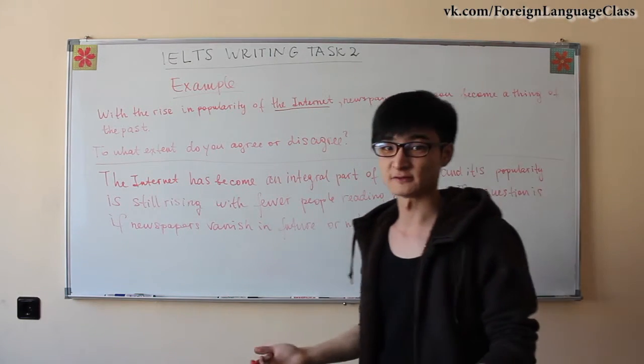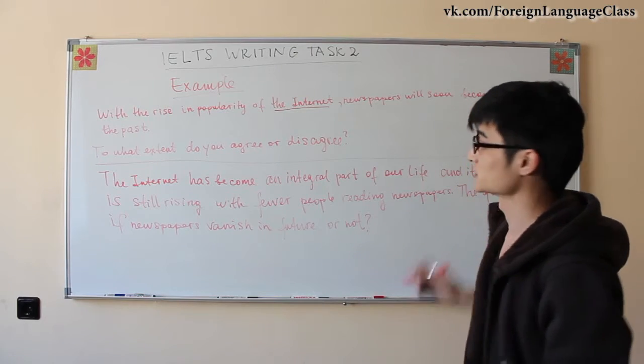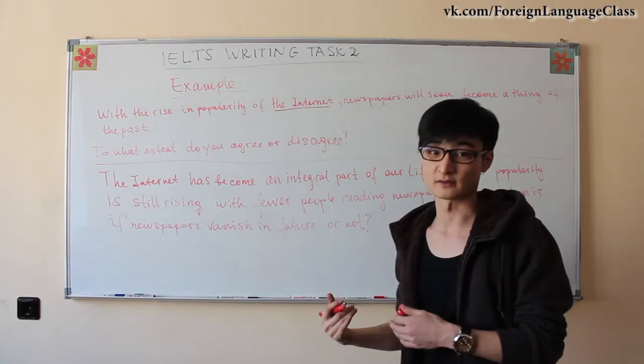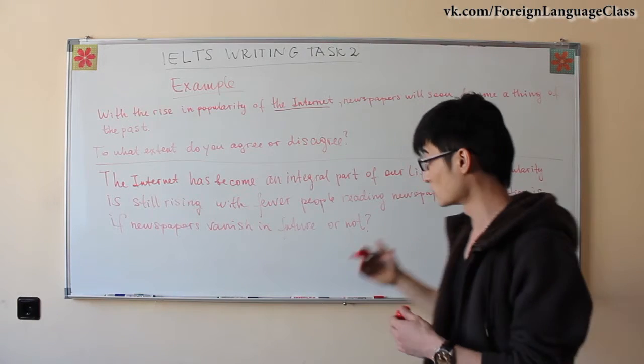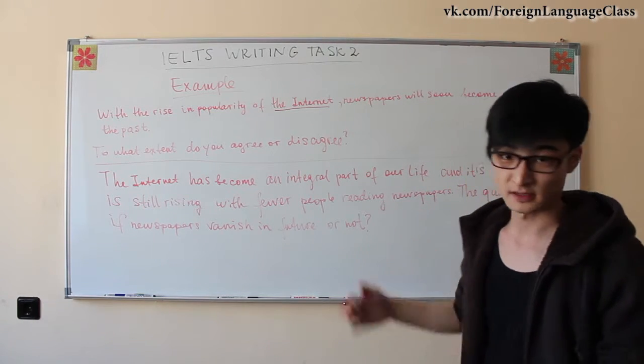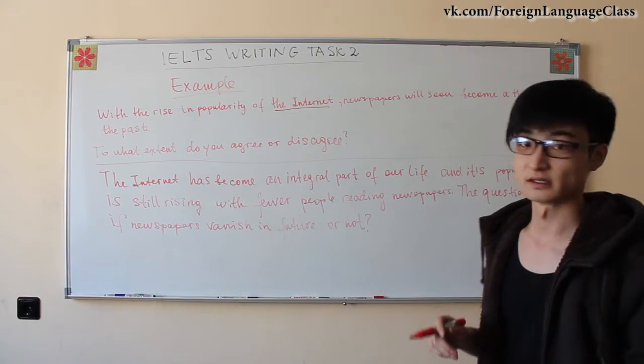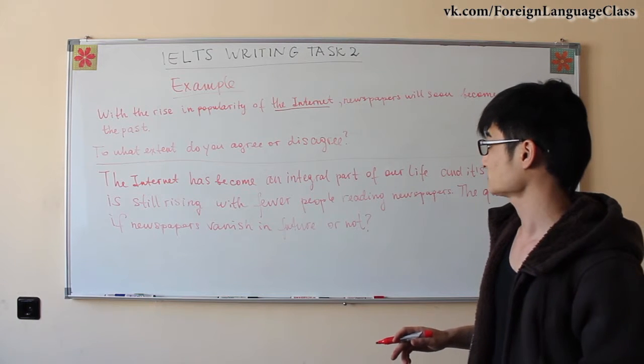We state proofs of the fact that newspapers will soon become a thing of the past, or we argue that. Or in the introduction we give our own opinion right away. Okay, let's start with giving opinion in the introduction.